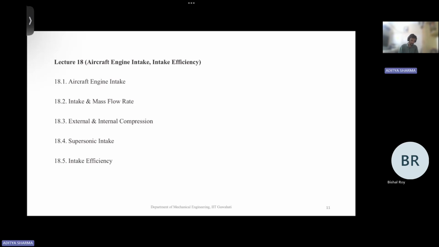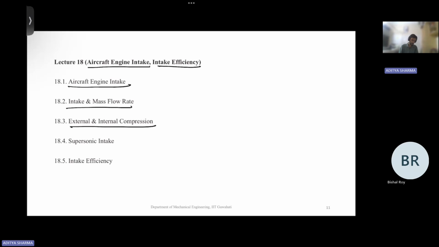This lecture number 18 is on aircraft intake and the efficiency of this intake. The topics are aircraft intake, and mass flow rate and intake.